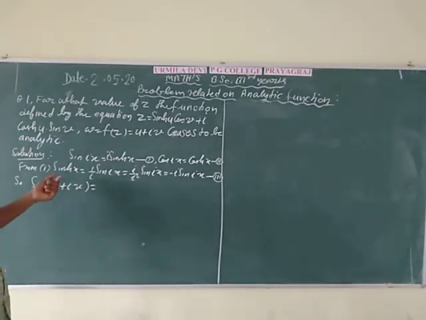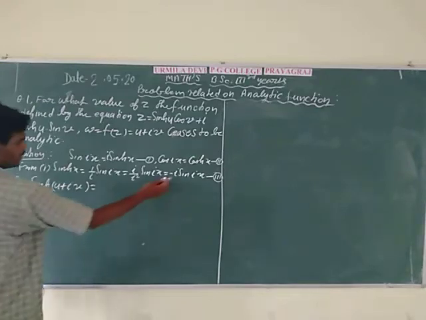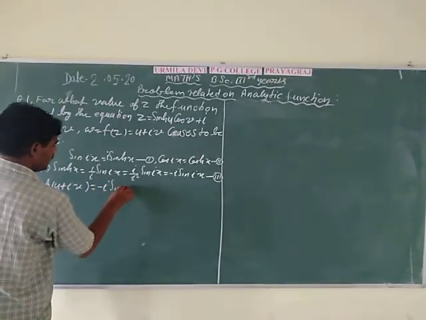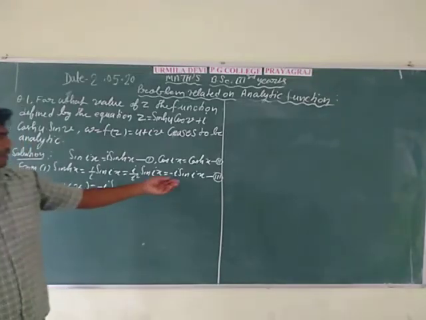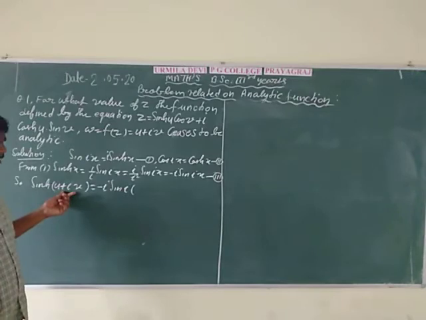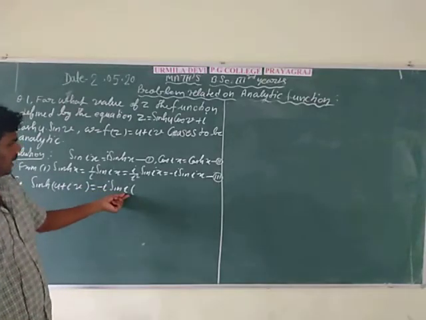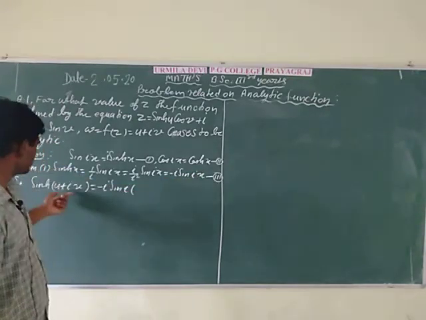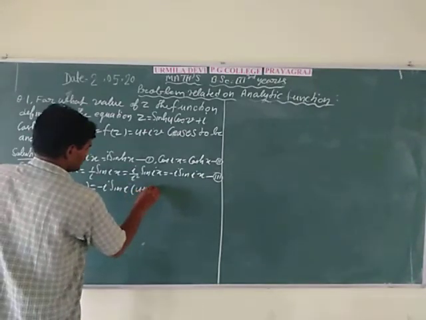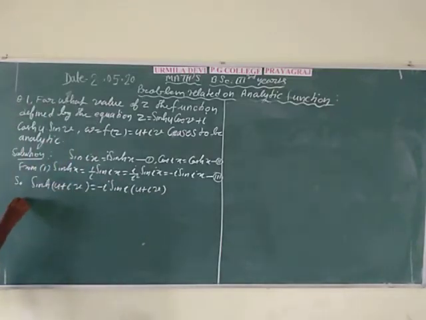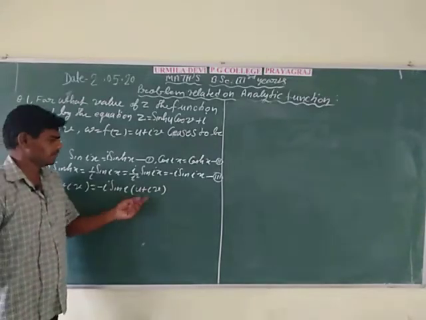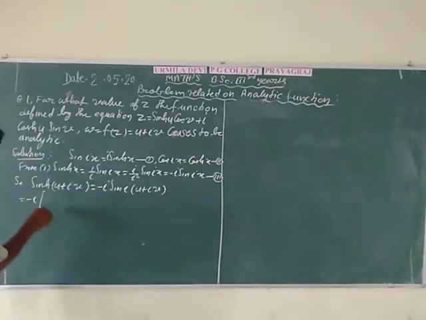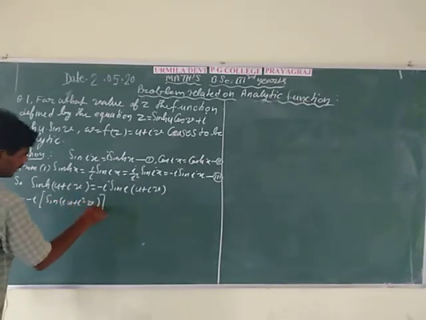Therefore, by equation third, this is equal to -i sin i(u + iv), because x is replaced by u + iv. Taking -i outside the bracket and multiplying i with u + iv, this is -i (sin(iu + i²v)).